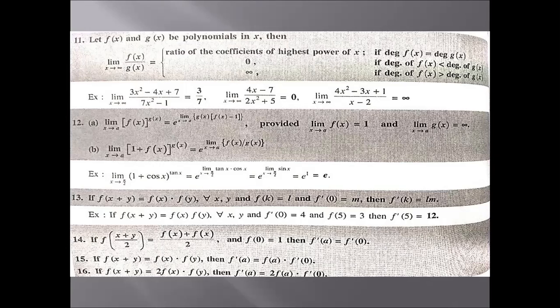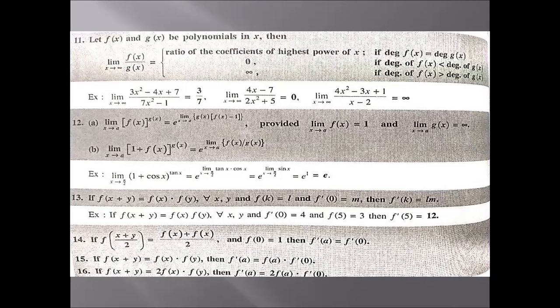For example, if f(x + y) = f(x)·f(y) for all x, y, and f'(0) = 4 and f(5) = 3, then f'(5) = 12. And next, the 14th formula.